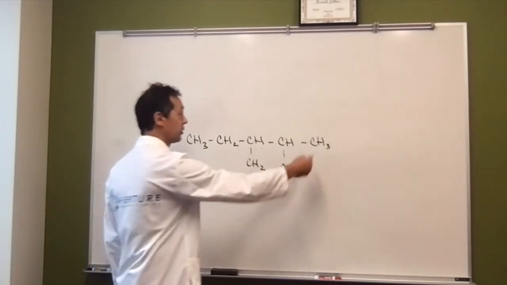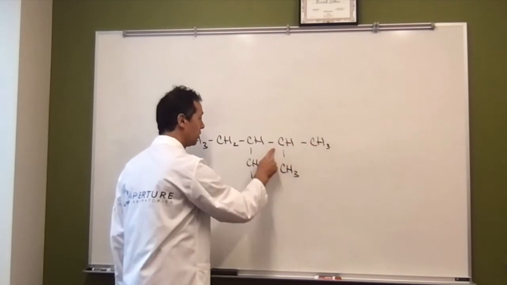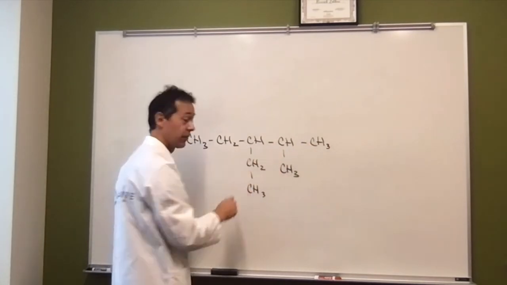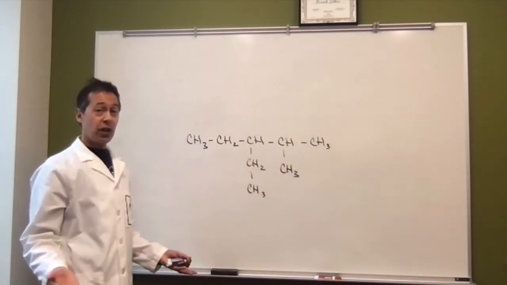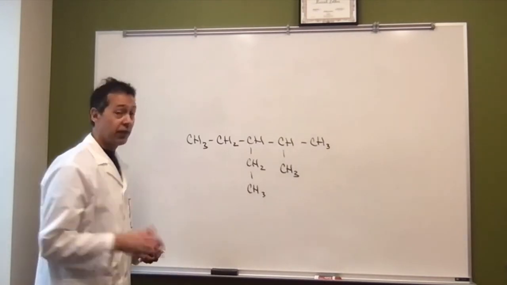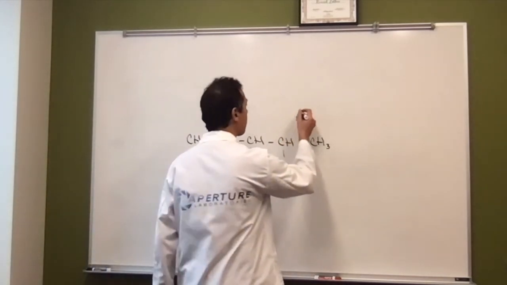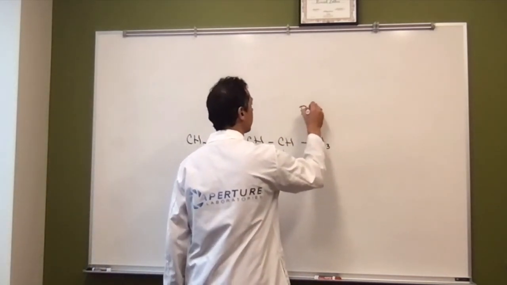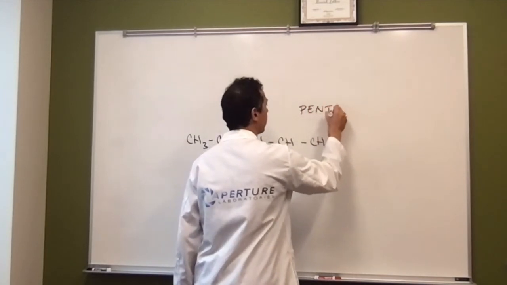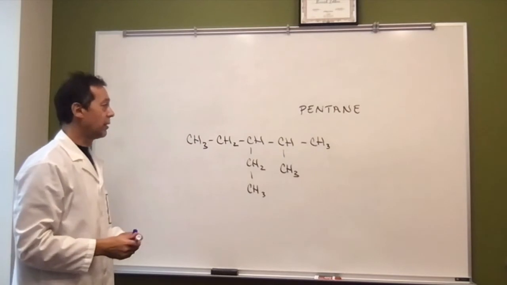We could also go this way, 1, 2, 3, 4, 5, or 1, 2, 3, 4, 5. Either way, our longest carbon chain is 5 carbons, and 5 carbon atoms is going to be pentane.